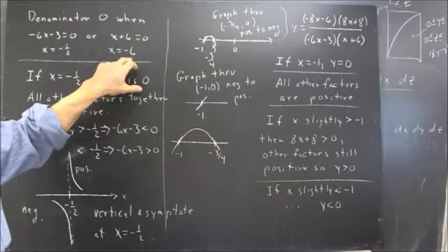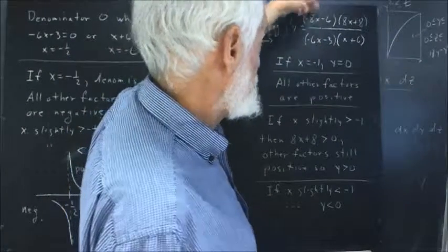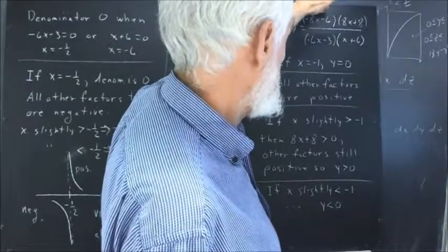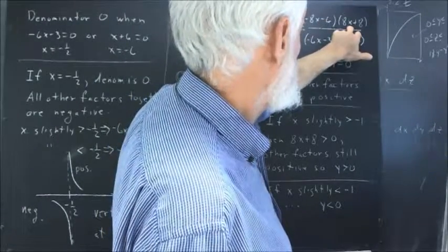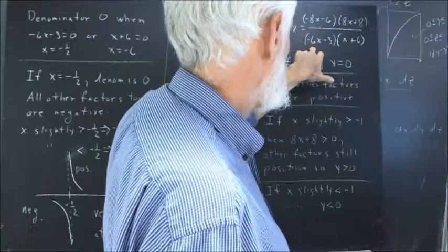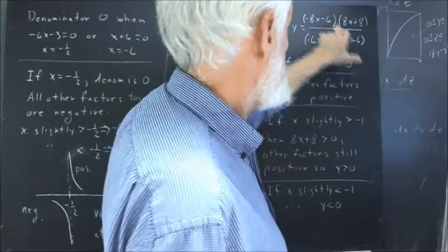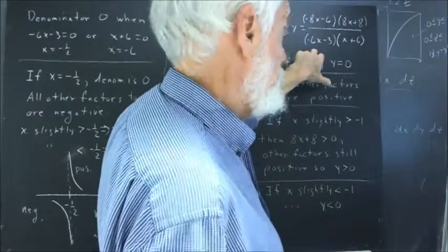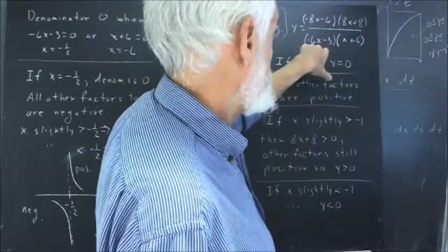If x equals negative 6, then this is going to be positive. Negative 8 times negative 6 is 48, and the minus 6 is not going to keep it from being positive. But this is going to be negative, so we're going to have a positive and a negative, and we're going to have a positive. So we have positive, negative, positive. These three terms then are going to give us a positive.